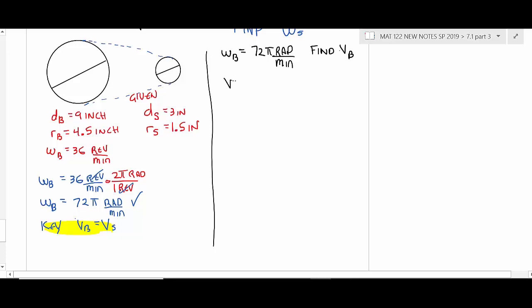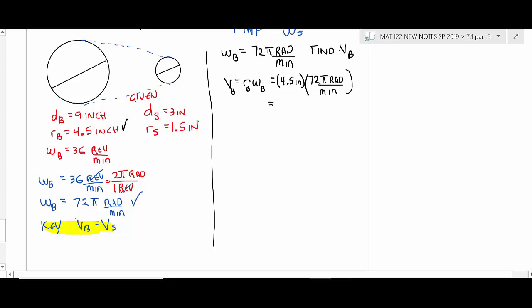So we have the formula V is equal to r omega. All we have to do is take the radius, and we're doing the velocity of the big right now. So we take the radius of the big, which is 4.5 inches, and multiply that by the angular velocity, 72 pi radians per minute.